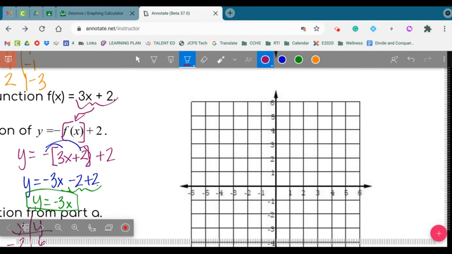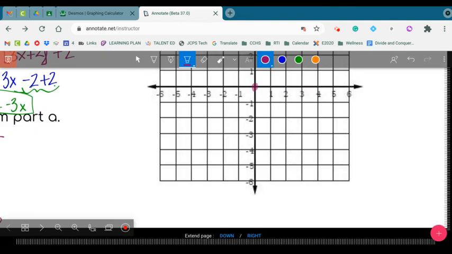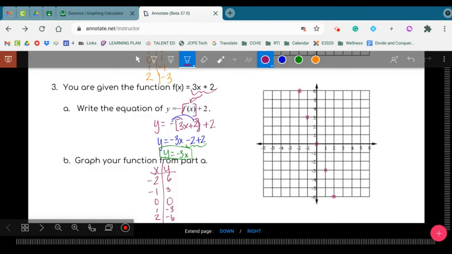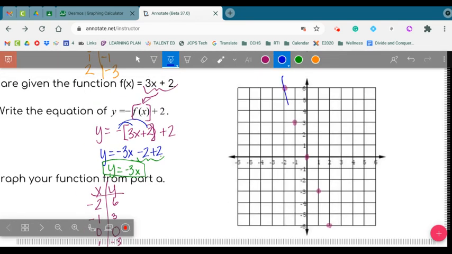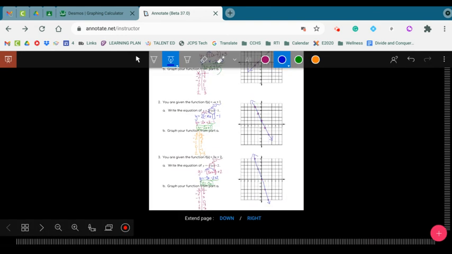So -2, 6 is going to be right on our graph. -1, 3, 0, 0, 1, -3, 2, -6. We're going to graph our line. And that is going to be our graph. So 1, 2, and 3 were pretty similar. You apply the scale change and then you graph the new equation.